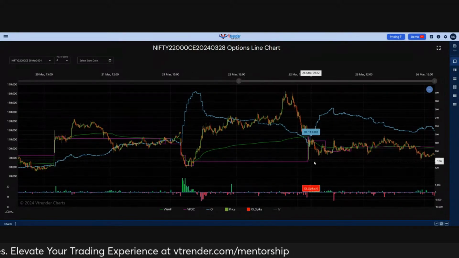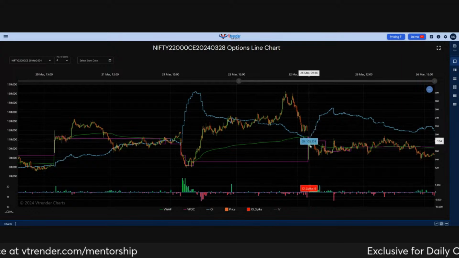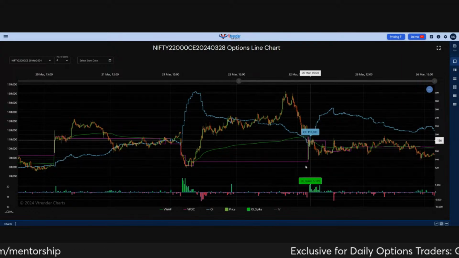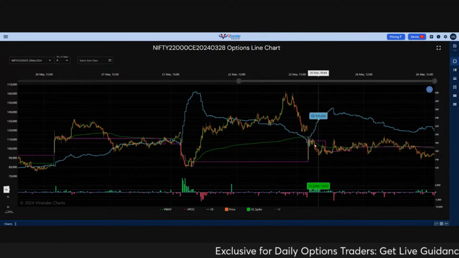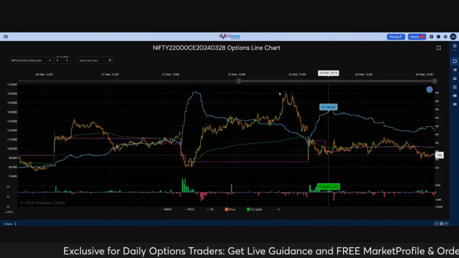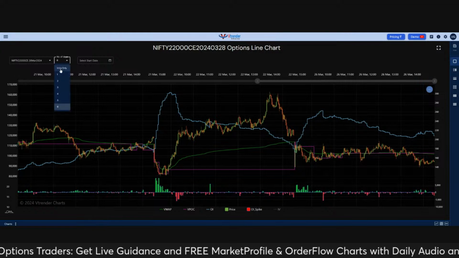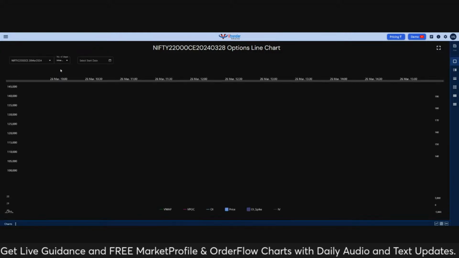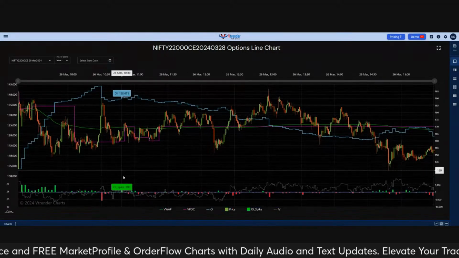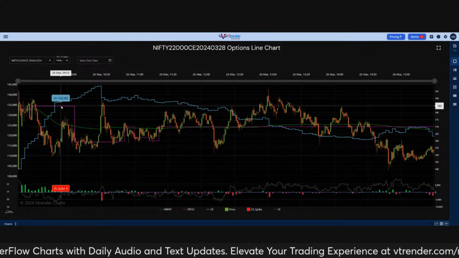But for today's auction, we needed to see what is happening in this strike price. Right from the open, you can see green OI spikes, the open interest is rising, and the price is below the POC. Even in today's chart, if I make it intraday, you can very clearly see that this was the POC in the morning, that 185 level.